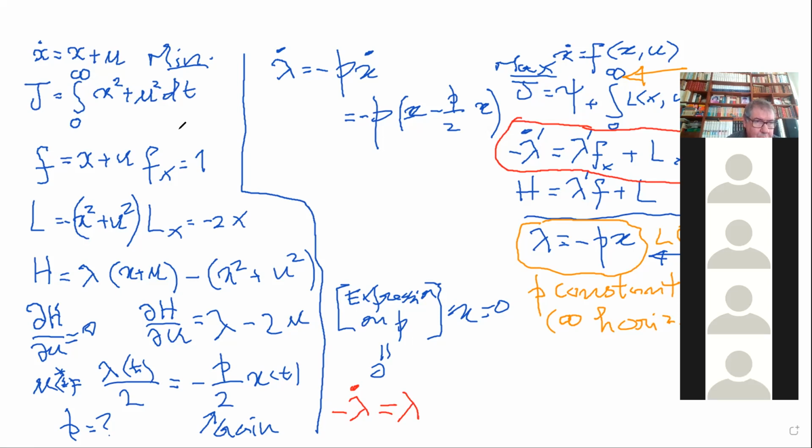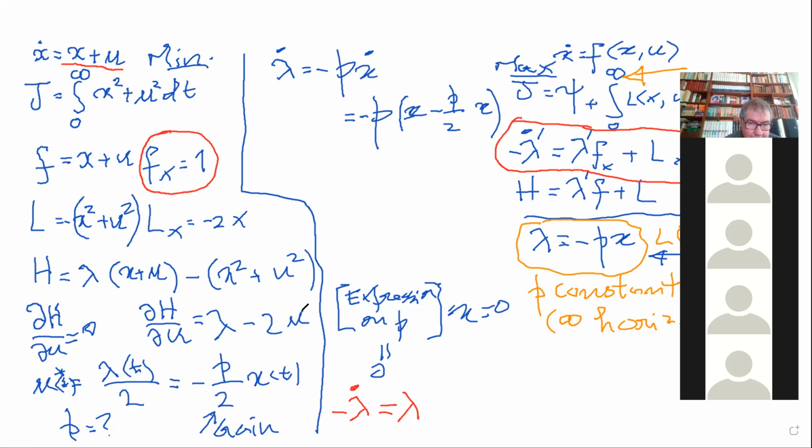Remember, f is your vector field of the differential equation. It's x plus u, so f x is just 1. You agree, Sarah? Yes, I thought we were already at the next part.